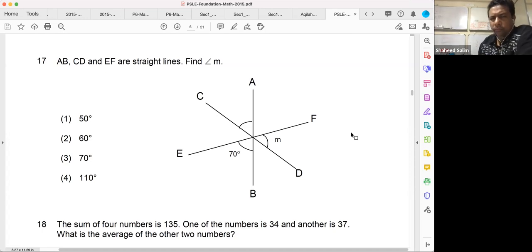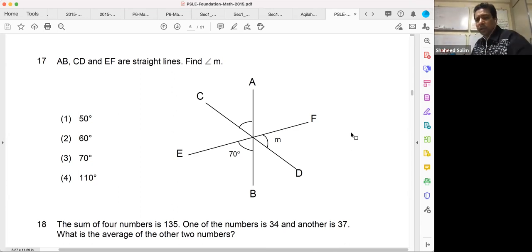Can you explain? Can you think on this diagram to show how you get the answer? I think there's something wrong with the question.